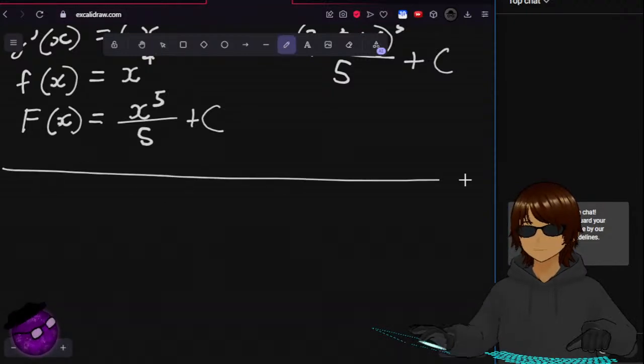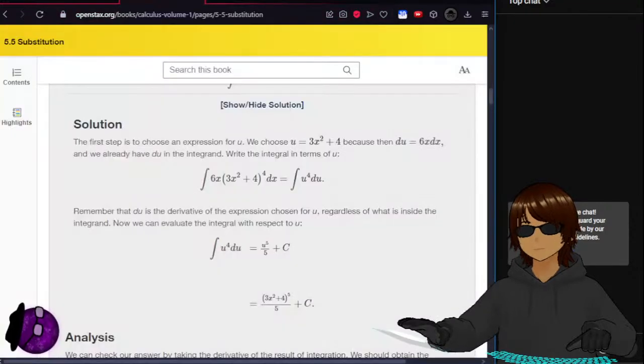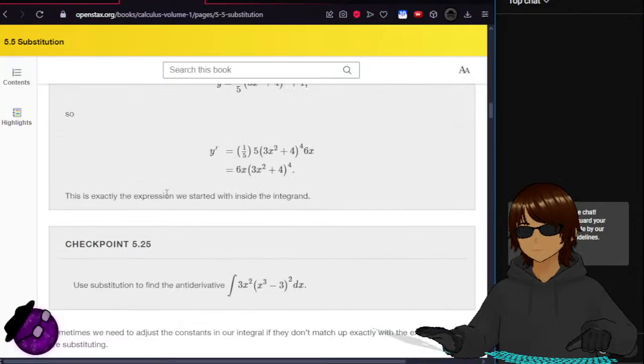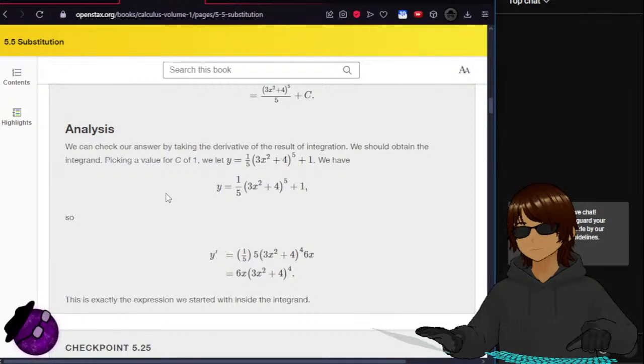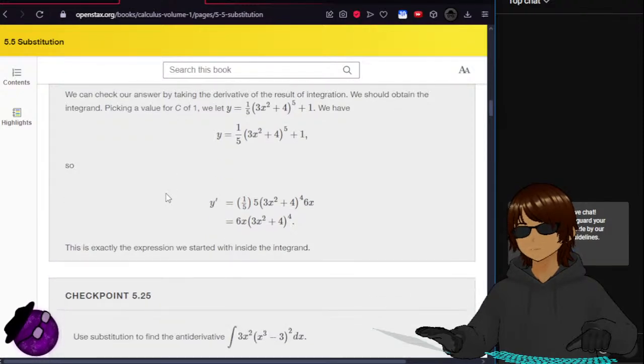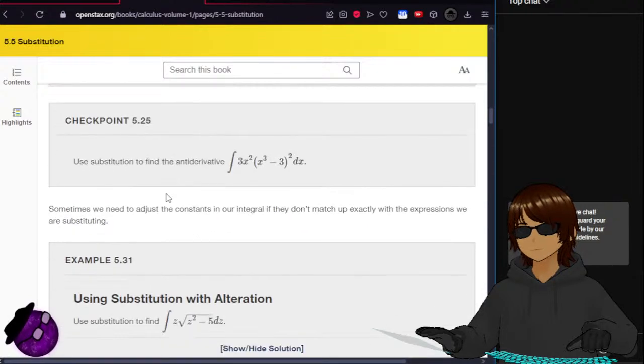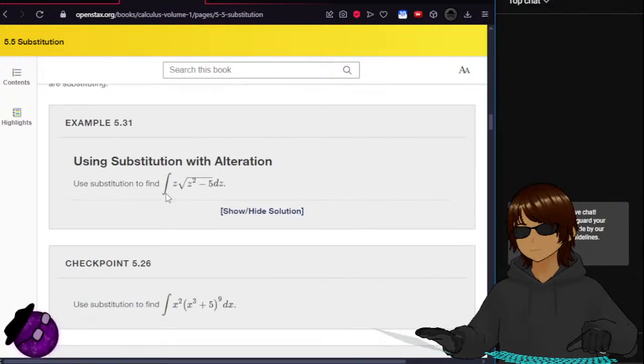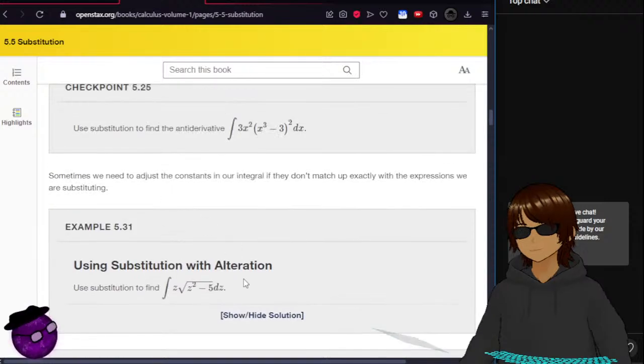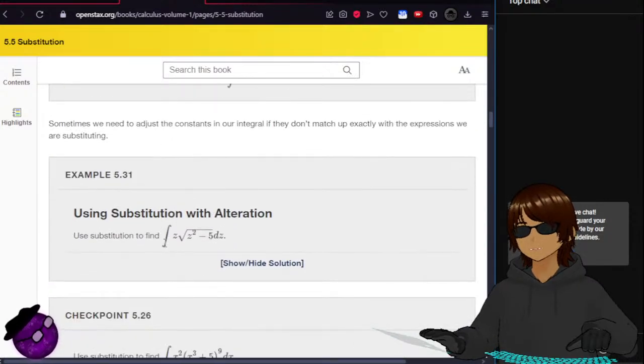Next question. Using substitution rule with alteration.